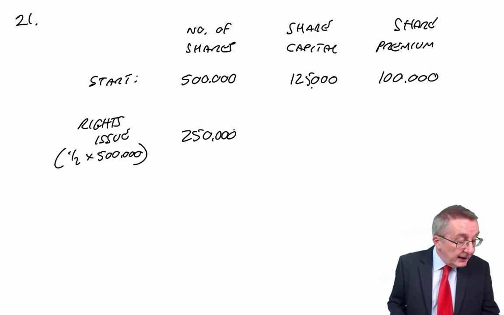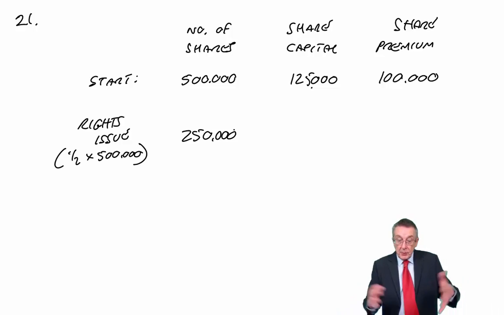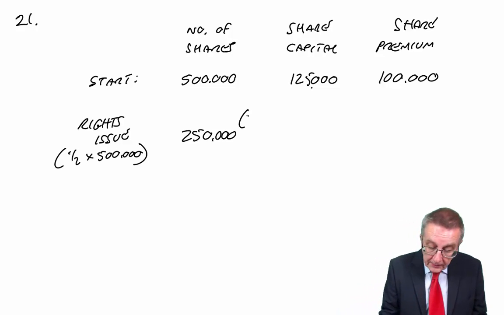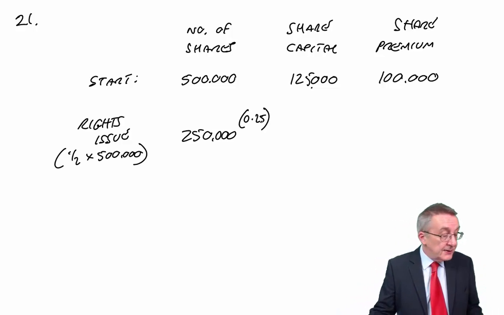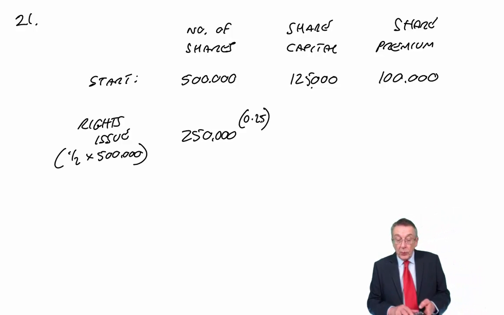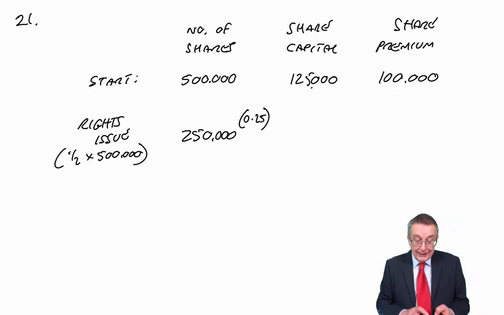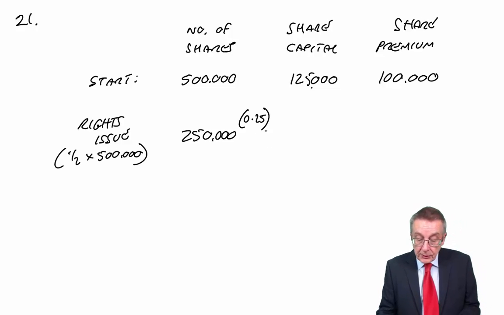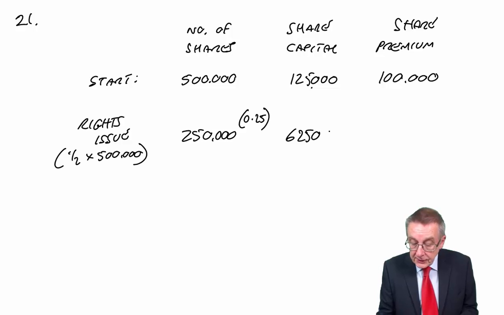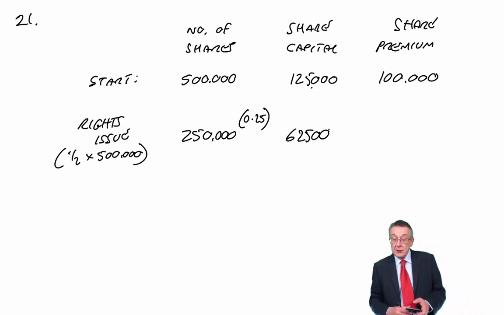The nominal value, they're always the same shares as what currently exist. So the nominal value is 25 cents. And therefore, to share capital, 250,000 times 25 cents, 62,500 is credited to share capital.